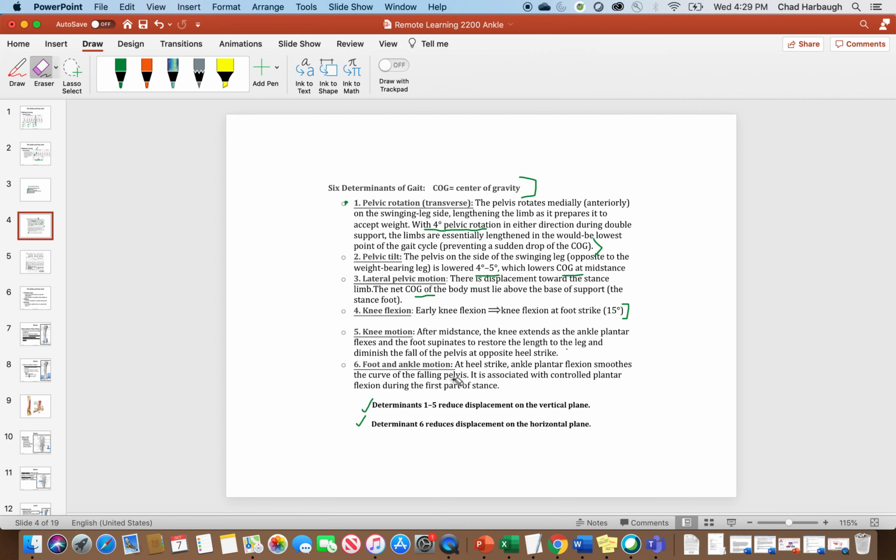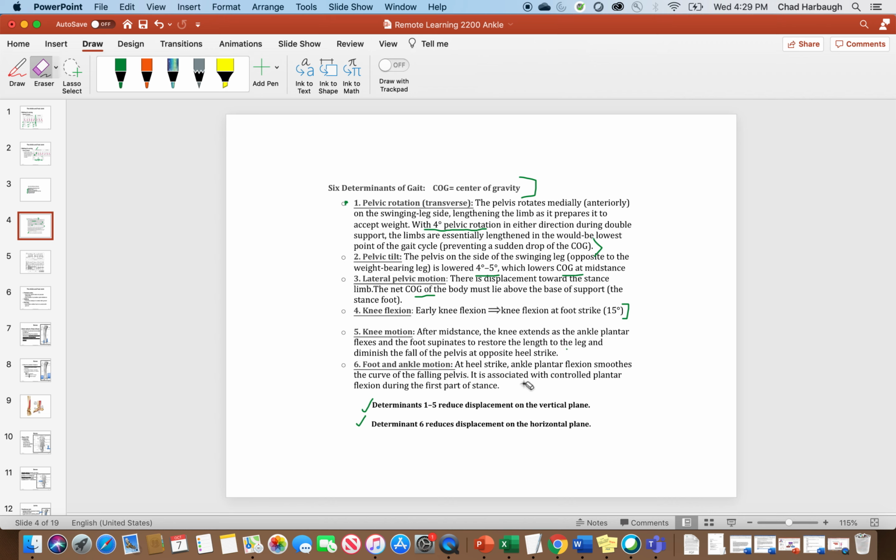And number 6, the foot and the ankle joint. What we should basically see is that at heel strike, the ankle plantar flexion smooths the curve of the falling pelvis.